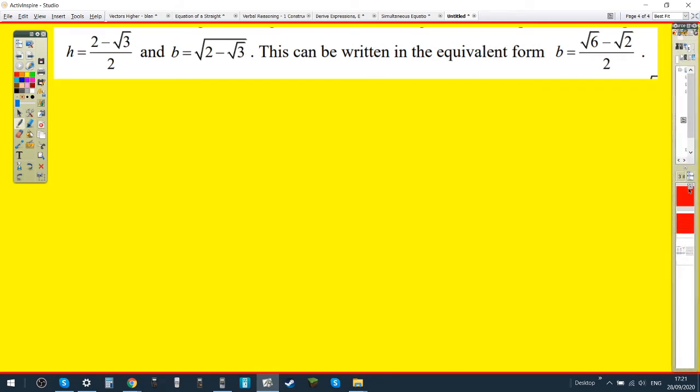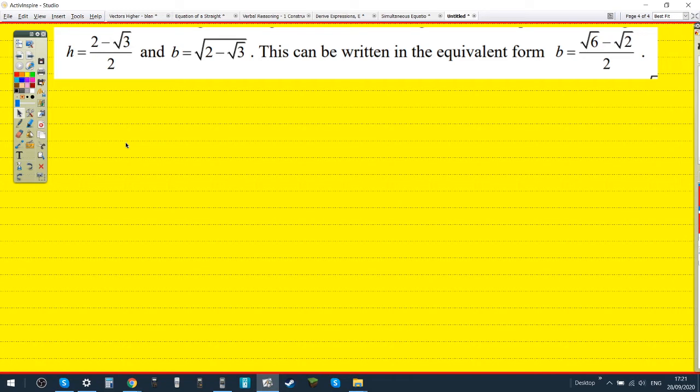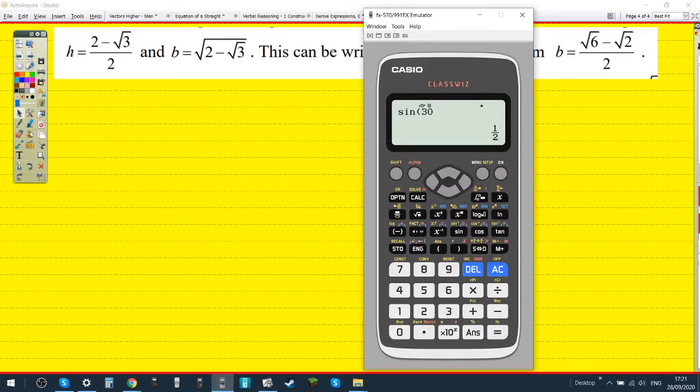Okay, I don't know if you would do this, but would you multiply it by like square root of 2 plus root 3? We'll give it a go. Because that's, like, rationalizing.